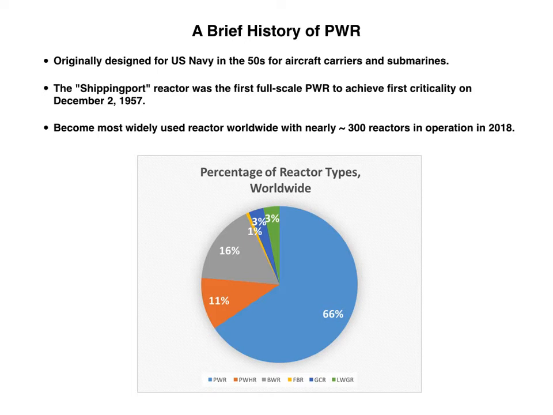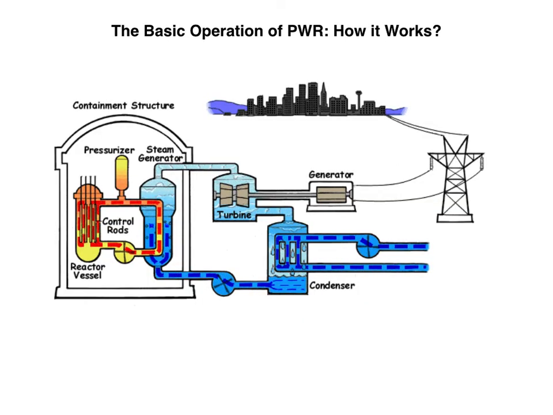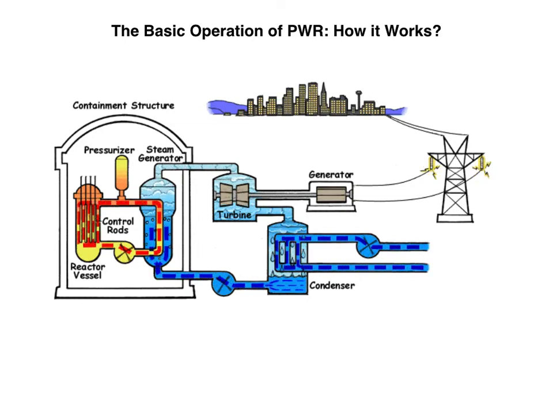In the following slide, we will go through the basic operation of the pressurized water reactor. In this animated image, which represents a typical design of a pressurized water reactor, the following processes occur. First, the core inside the reactor vessel creates heat because of the fission chain reaction.